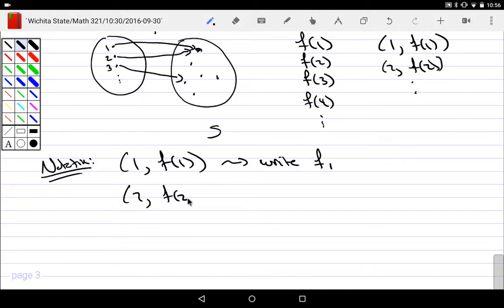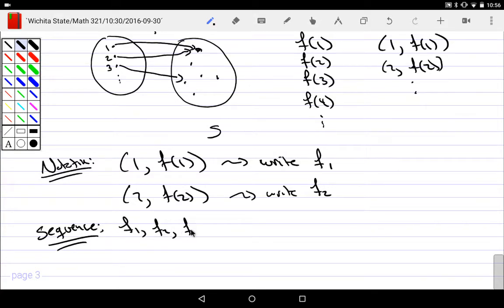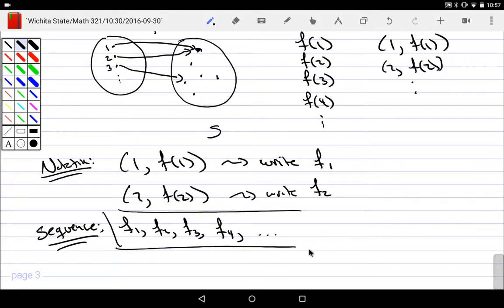Where's 2 gone? I'm just simply going to write f sub 2. And then I'm going to put them in this order, and the sequence is simply f1, f2, f3, f4, dot, dot, dot. The sequence is just simply the collection of the images in order.